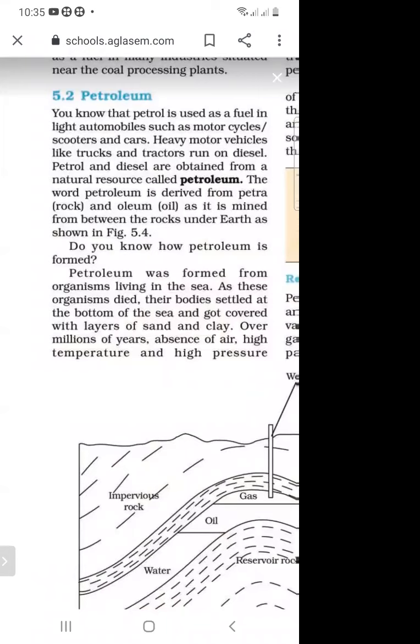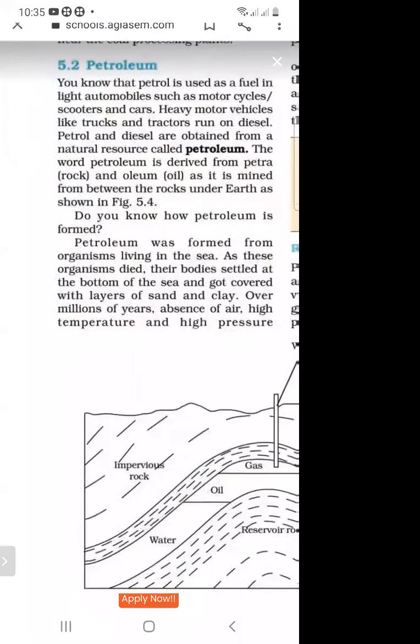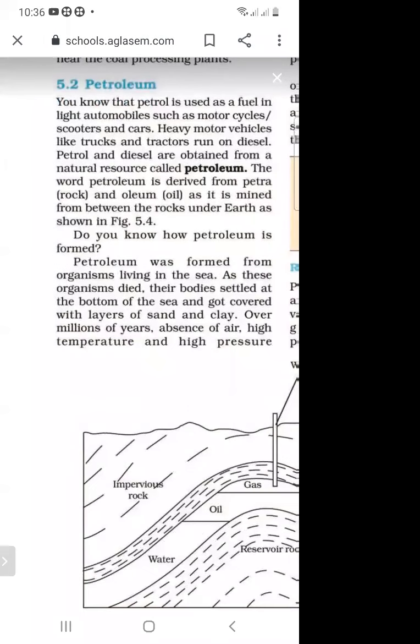When these organisms died, they settled at the bottom of the sea and got covered with layers of sand and clay.